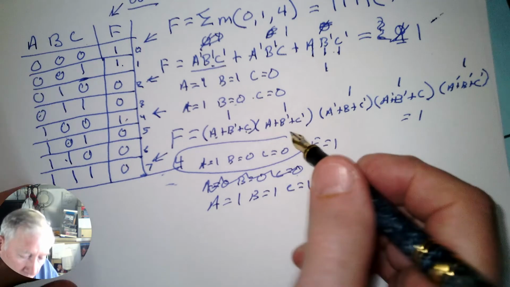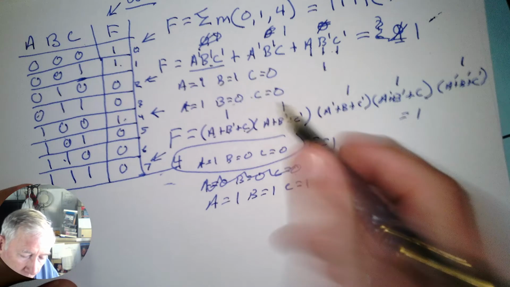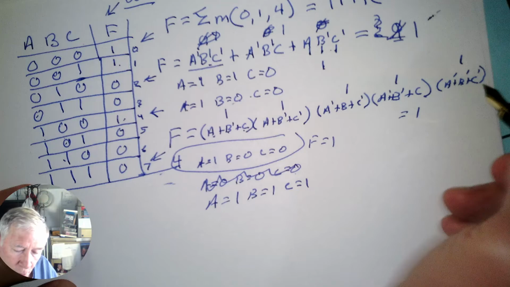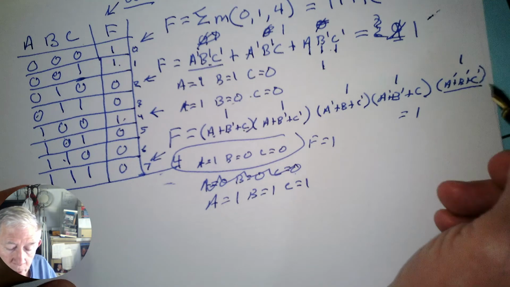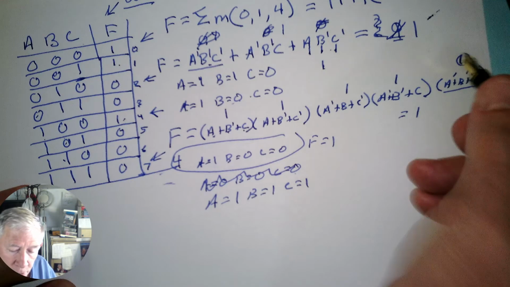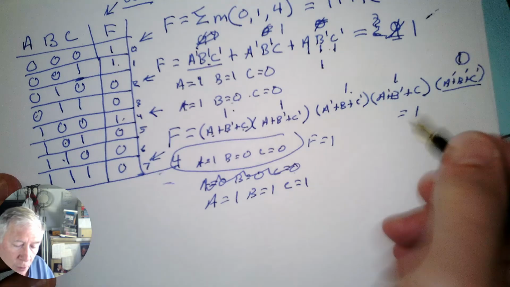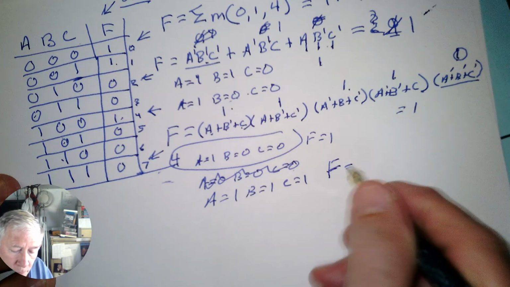And A's not primed, so that'd be a 1. A's not primed, so that'd be a 1. B's not primed, so that'd be a 1. C's not primed, so that'd be 1. But look at this. All 3 of those are primed, so this is going to turn out to be a 0. 0 times 1 times 1 times 1 times 1 is 0. So for row 7, F equals 0.